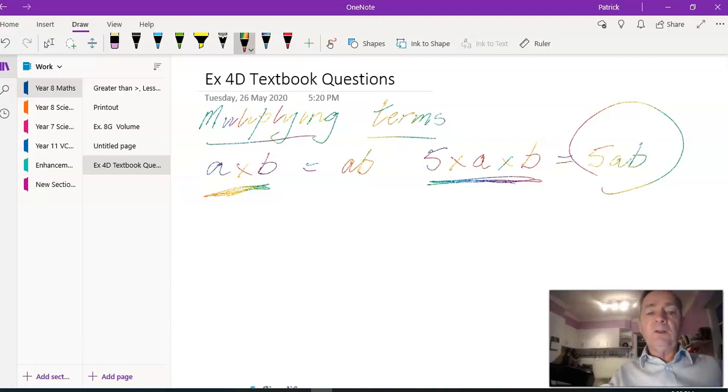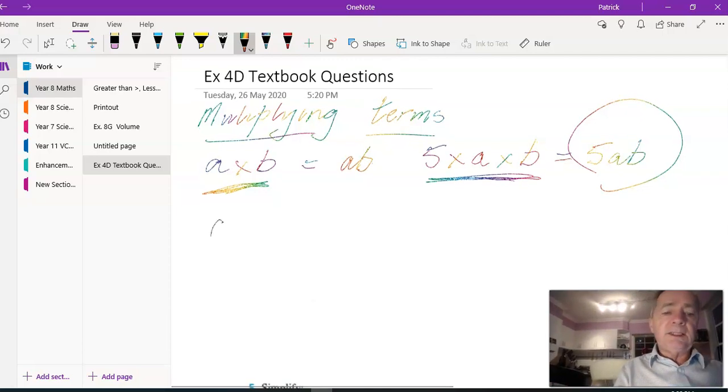So far, so good. The next thing we want to have a look at is when a term is multiplied by itself, such as A times A. A times A is only one way it can be written in simplified terms, and that is A squared, or A to the power of 2, which means A multiplied by itself twice.